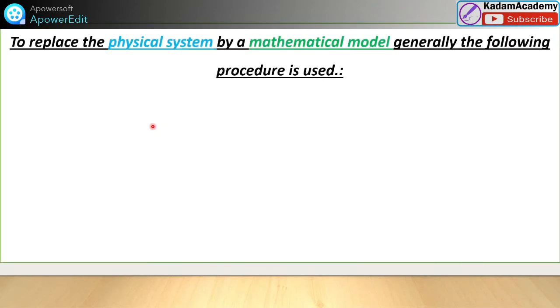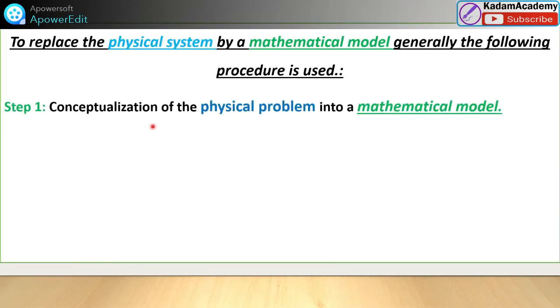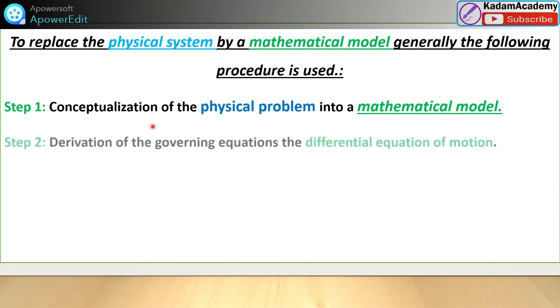To replace this physical system by a mathematical model, 4 different steps are there. Okay. So these 4 steps I will show you one by one. The following procedure. First step is what? Conceptualization of the physical problem into a mathematical model.